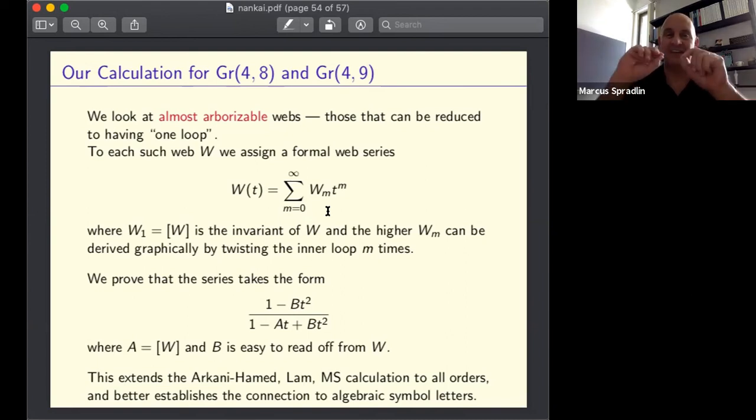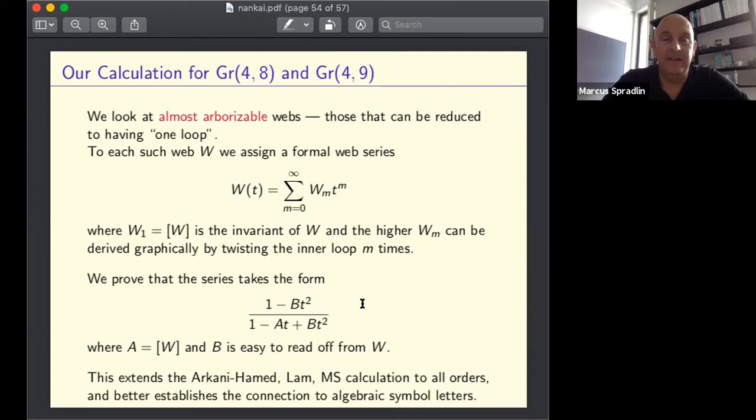They're not touching each other, but you do a simple permutation where you cut each one, you connect loop number 1 to loop number 2, loop number 2 to loop number 3, etc., so that the M distinct loops turn into one giant loop of length M, or M times the original length. So that gives you a new diagram that has one loop in it, and you can compute its invariant, and that gives you W_M.